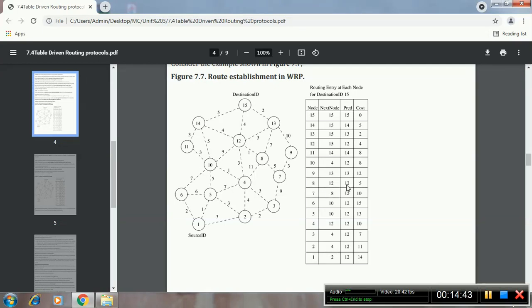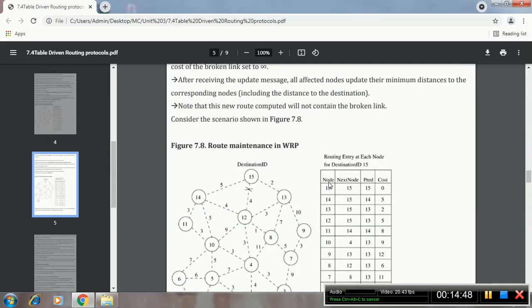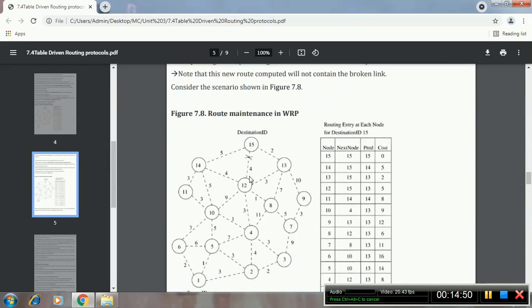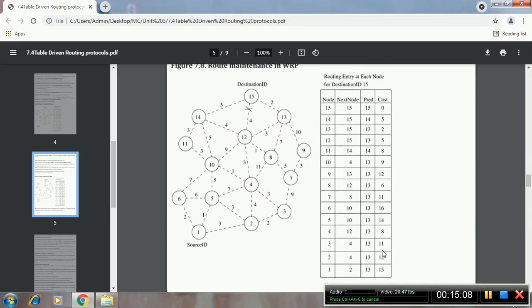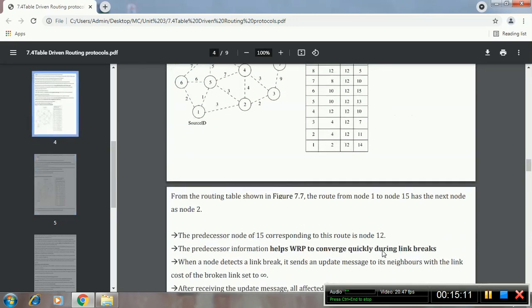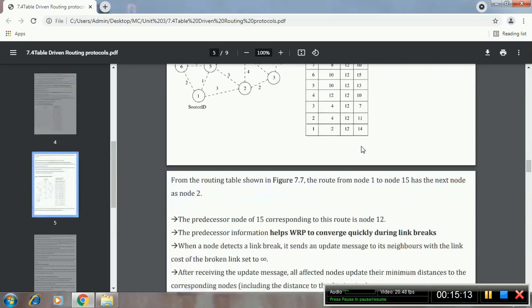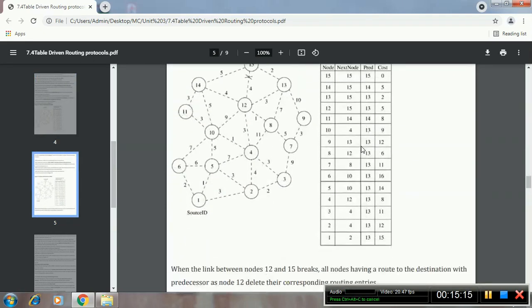But now there is no link from 12 to 15, so we have modified the predecessor, considering 12 to 13, 13 to 15. Then automatically the cost is going to change. That is the difference from the previous table. Earlier the cost was 14, now the cost from 1 to 15 is 15.